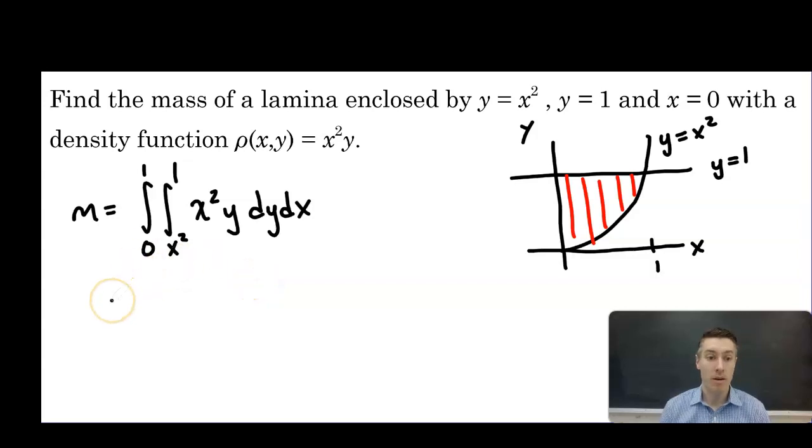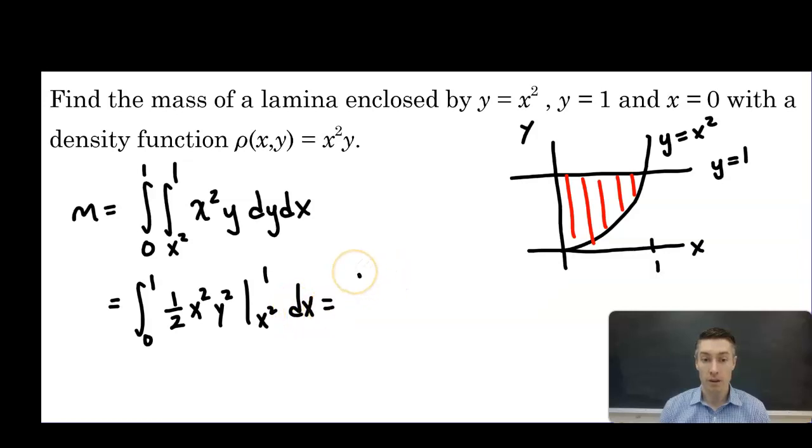And now it's just a matter of integrating. So 0 to 1, 1 half x squared y squared, from x squared to 1, dx. So integral from 0 to 1, take the 1 half out. Then we'd have x squared minus x to the 4th times x squared would be x to the 6th, dx.